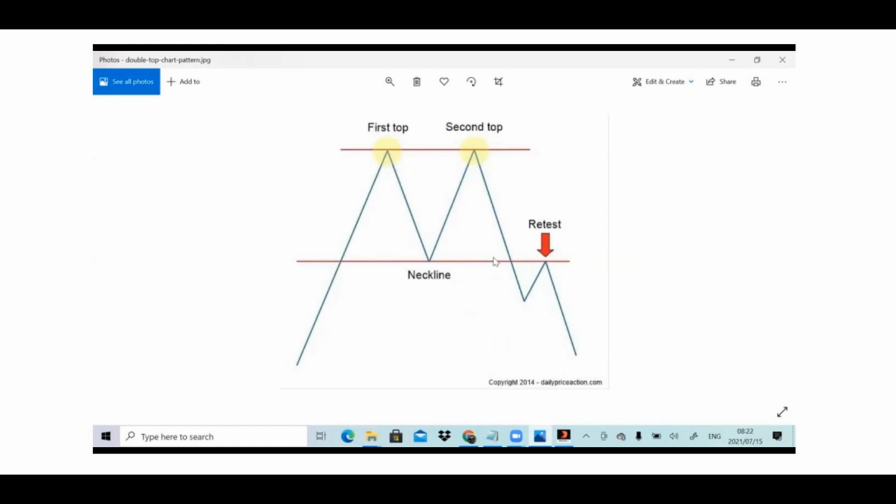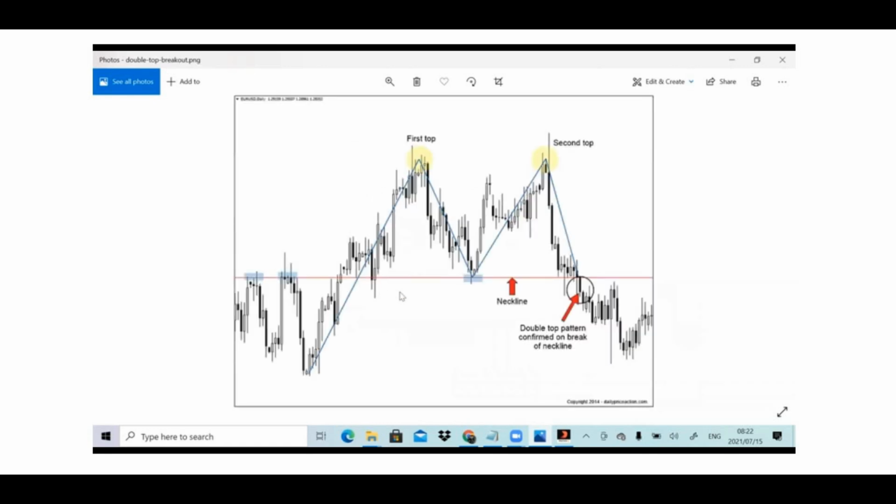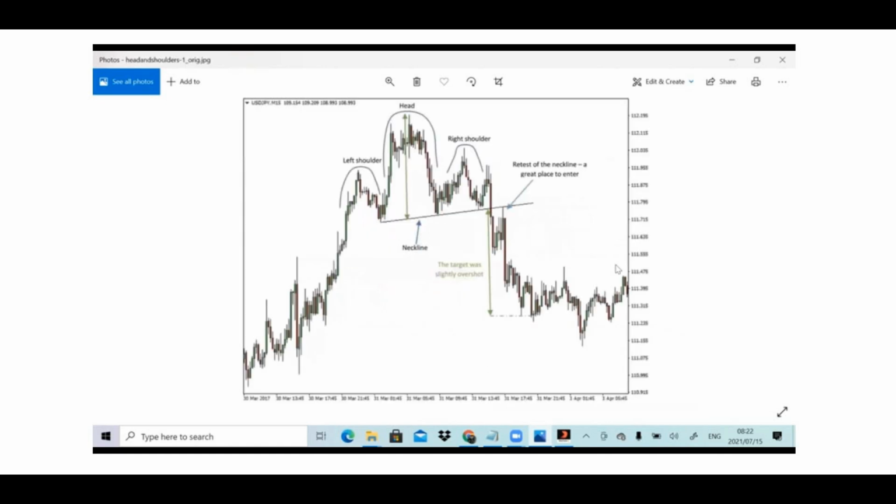Now when it comes to the double top and double bottom, the necklines, let me find a proper one. The proper one there. You use your first top, this top, and the nose, middle part there, and that becomes your neckline. Also, it is not always straight as well. Let me find an example.